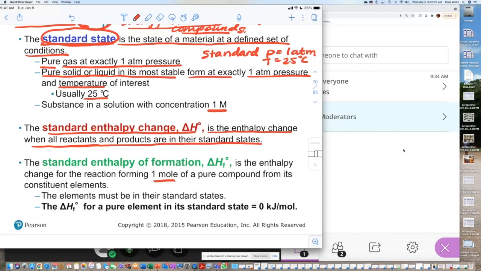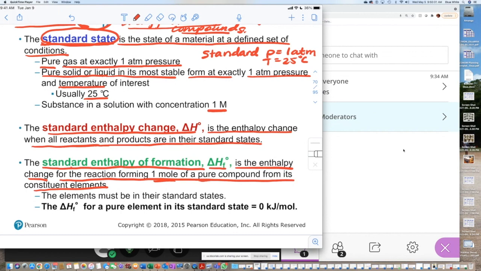Now that we have our reactants set up, we're going to define what we're going to be calculating. Standard enthalpy of formation, delta HF. This is the enthalpy change, once again, the change in energy for the formation of 1 mole of a pure compound from its constituent elements. The product we're making is 1 mole of a compound.